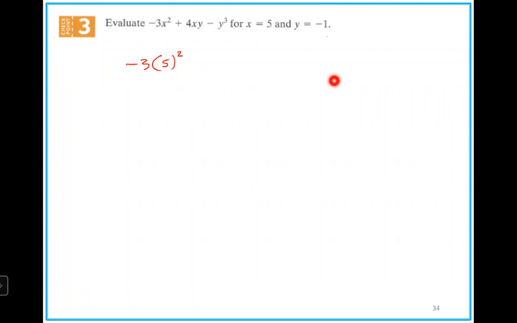Okay, and then plus 4 times 5, and open bracket, -1, close bracket, minus, open bracket, -1, close bracket, to the third power.